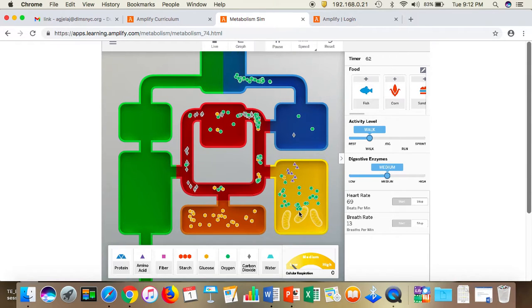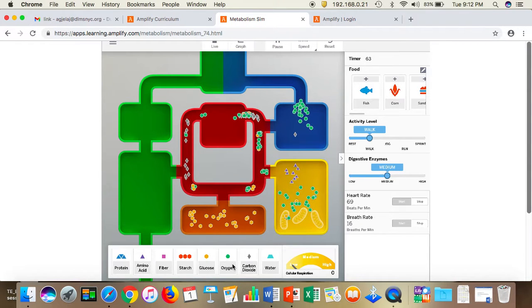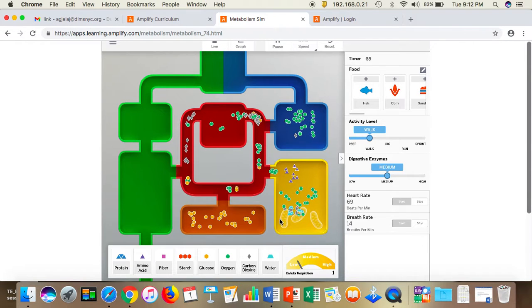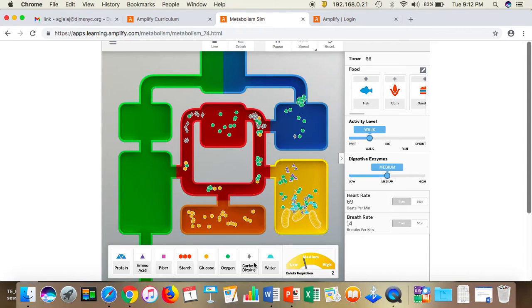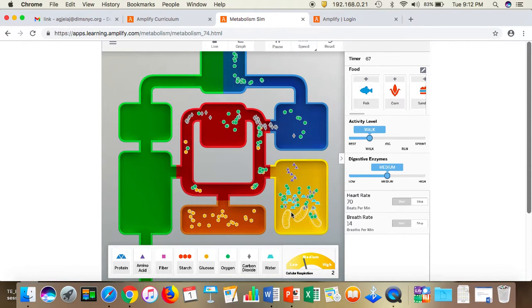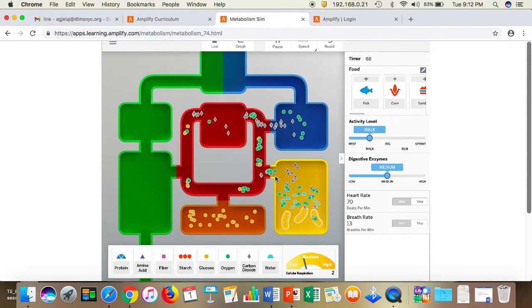So here, guys, we have oxygen and glucose, right? Oxygen and glucose. And there's a chemical reaction happening. And we have water and carbon dioxide being released through the chemical reaction.